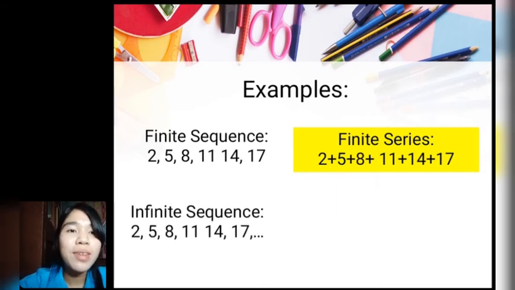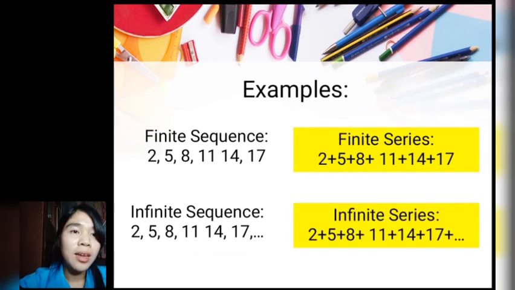Next, we have the infinite sequence: 2, 5, 8, 11, 14, 17, and so on and so forth. The infinite series is 2 plus 5 plus 8 plus 11 plus 14 plus 17 plus, and so on and so forth.